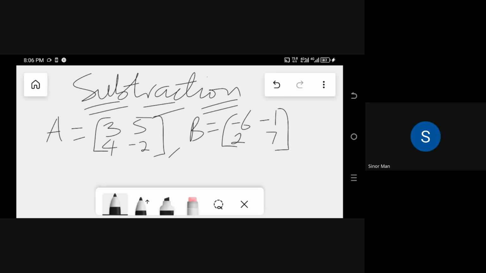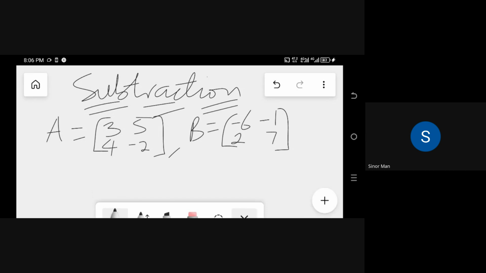So matrix A is the matrix we have there, 3 and 5 for the first row, and then 4 and minus 2 for the second row. Then for the other matrix B, we have minus 6 and minus 1 for the first row, then 2 and 7 for the second row.